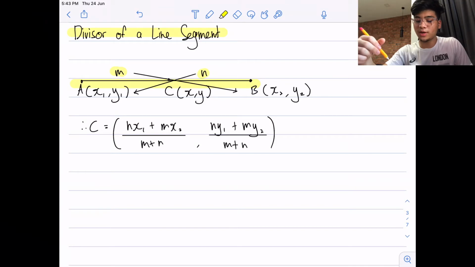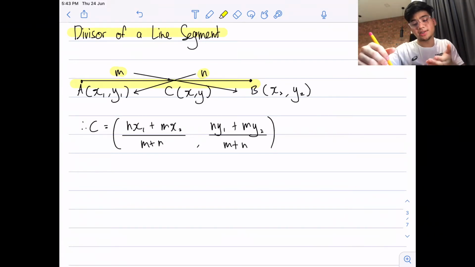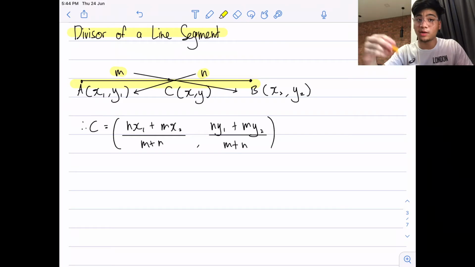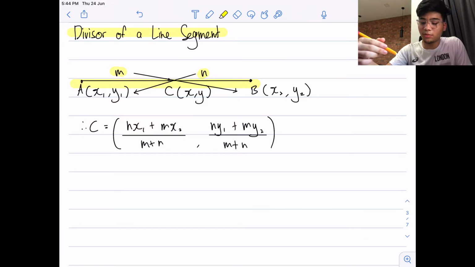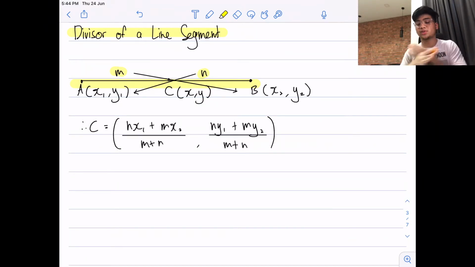The way the formula works is, you can see I wrote arrows from M to B and N to A. Basically, it signifies that the values of x and y in B will be multiplied by M, and the values of x and y for A will be multiplied by N. That's why, in the formula to find the coordinates of C, nx1 means the x coordinate of A times N plus the x coordinate of B times M. So it's like different sides, like crisscross.